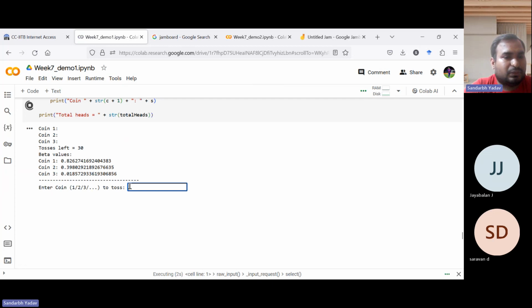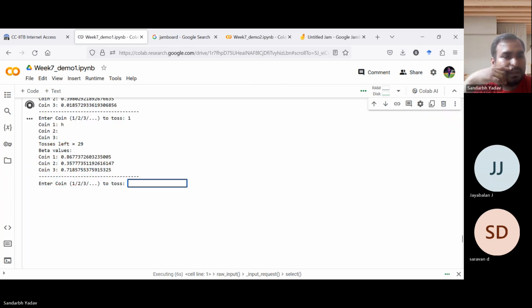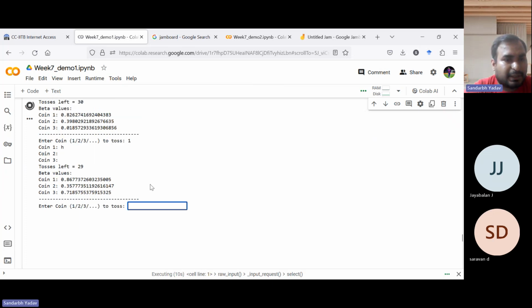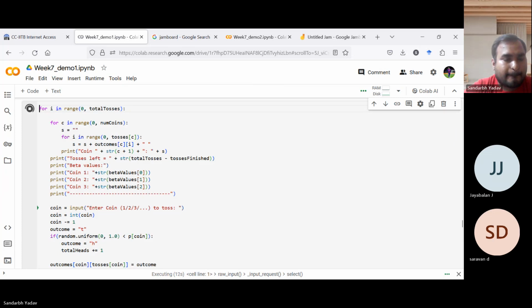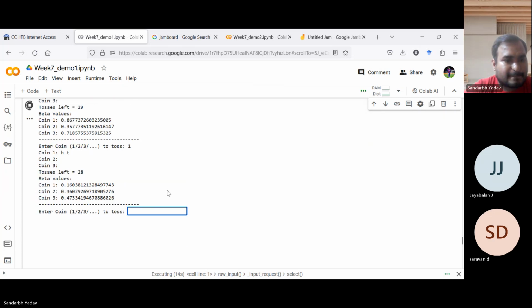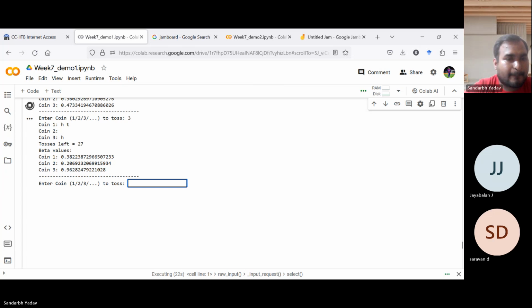So let's go for 0.1. Okay, coin one again. See, as soon as it gave tail, the next sample became 0.6 and we moved to coin three. Again, coin three gave head, so its sample is closer to 1.